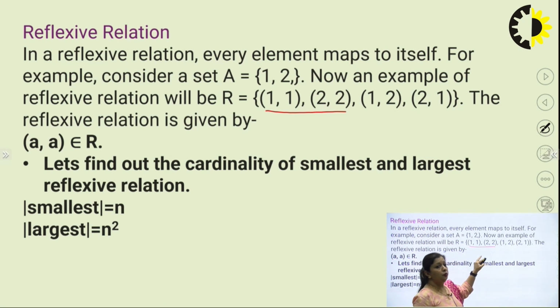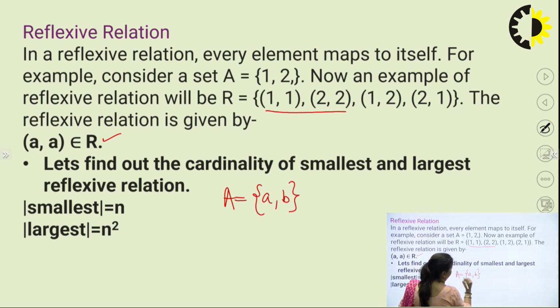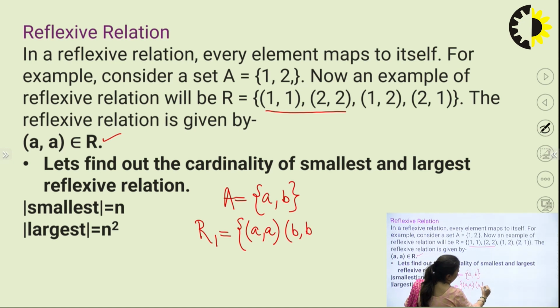For a relation to be reflexive, it should have a minimum of (a, a) pairs. We can even take another example. If I have a set A which contains a, b, then for a relation to be reflexive, a number of reflexive relations are possible. (a, a) and (b, b) should be there.